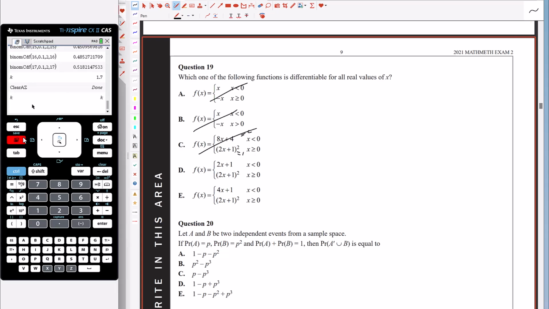Okay, so if we think about this one, the derivative of 2x plus 1 is just 2, so the gradient of this branch at 0 is going to be 2.